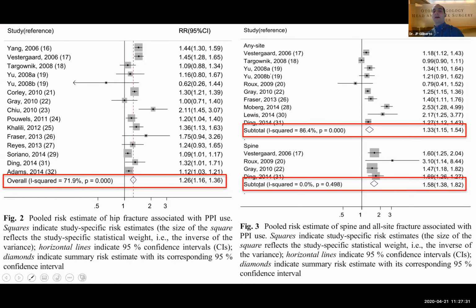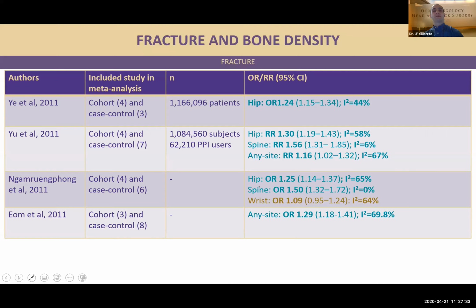And when you look at the various other meta-analyses that have been reported on risk of fracture, you see pretty consistently that long bone fractures like hips and spine consistently show a mild association with relative risk, whereas wrist fractures are the only ones that don't show an elevated risk in any of these meta-analyses.